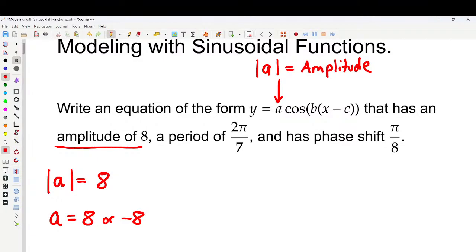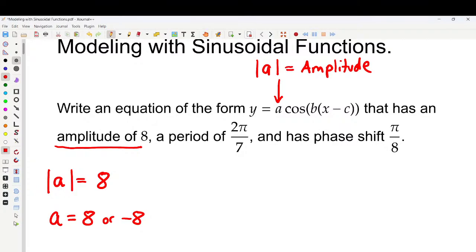That vertical stretch factor, what I said about just a few minutes ago, to take your max or your min value higher than 1 or lower than negative 1, that multiplier up front is what's going to change that. So is it positive or negative 8? Well, reading through what's here, there's no more context.